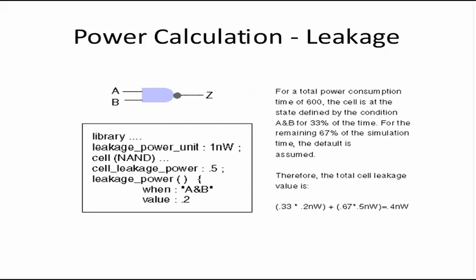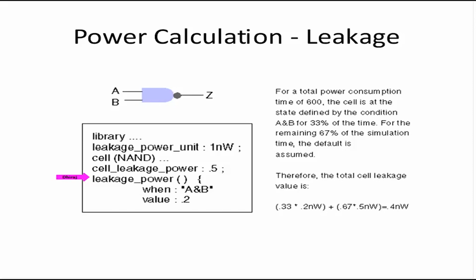Let's see an example. This is a 2-input NAND gate. The library will have something like this. It will have a leakage power unit, a cell leakage power, and a state dependent leakage power. Here all the states are not given. Now let's say for the total time of 600, it can be any unit, nanosecond or picosecond, we are able to tell the tool by some way that the state A and B, that means A and B both being 1, happens for 33% of the time.